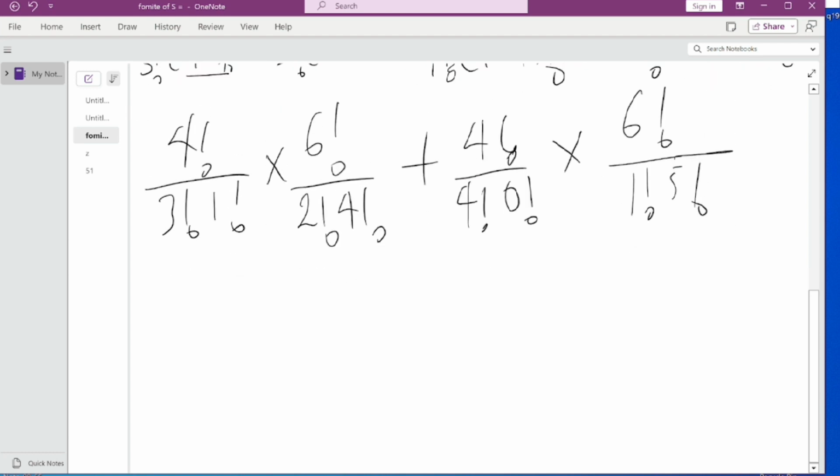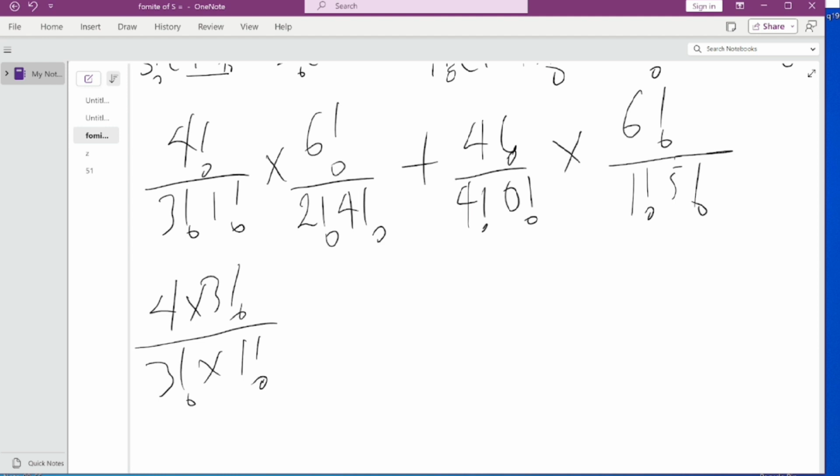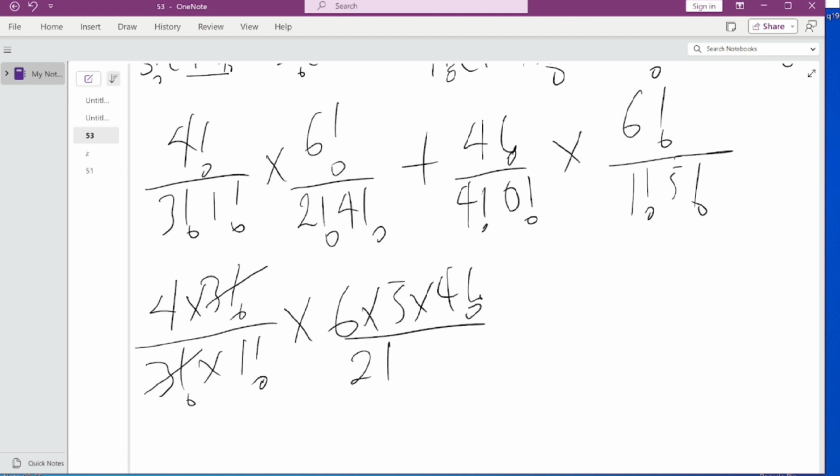For this first one, in 4 factorial, you have 4 times 3 factorial over 3 factorial times 1 factorial. 3 factorial cancels 3 factorial. On this side, we have 6 factorial. Since we want the 4 factorial to cancel out and not stress ourselves multiplying, we can say 6 times 5 times 4 factorial over 2 factorial times 4 factorial. 4 factorial cancels 4 factorial.